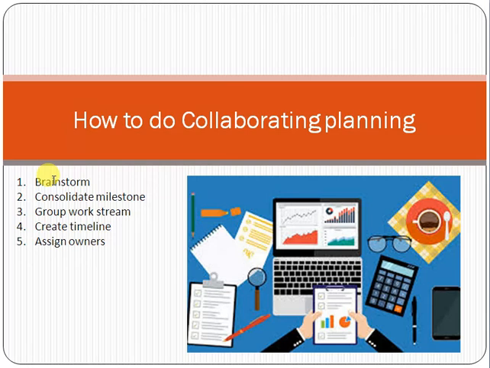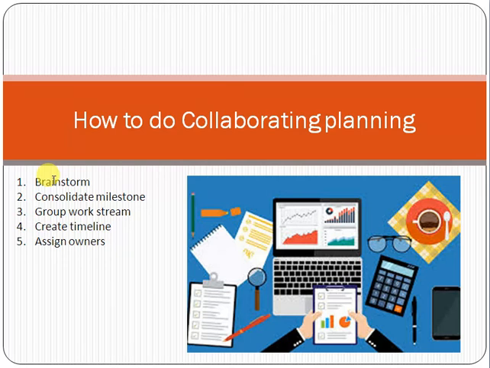For example, John is responsible for the development, person ABC is responsible for the UAT, and some other person is responsible for the deployment. Once your milestones, work streams and timelines are clear, you can assign the work streams to owners, so that there is responsibility and you can get follow-ups after some time.